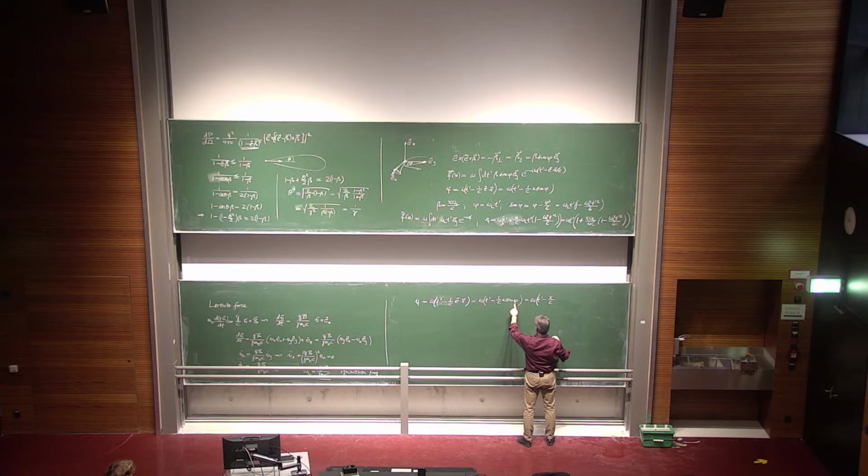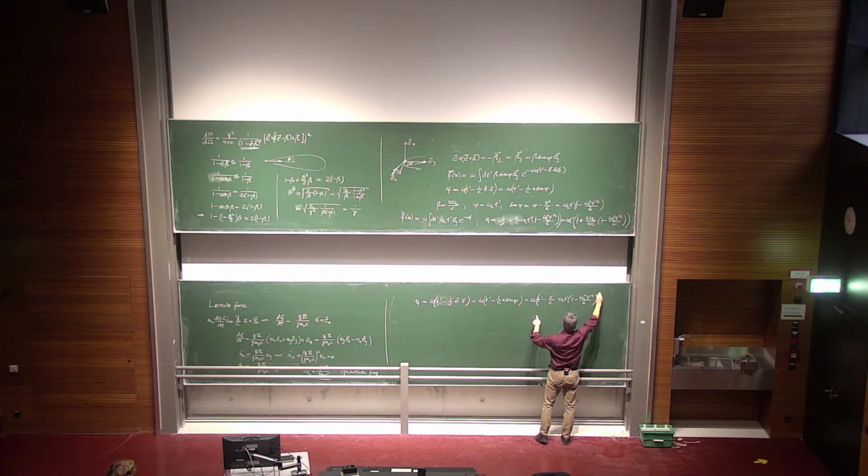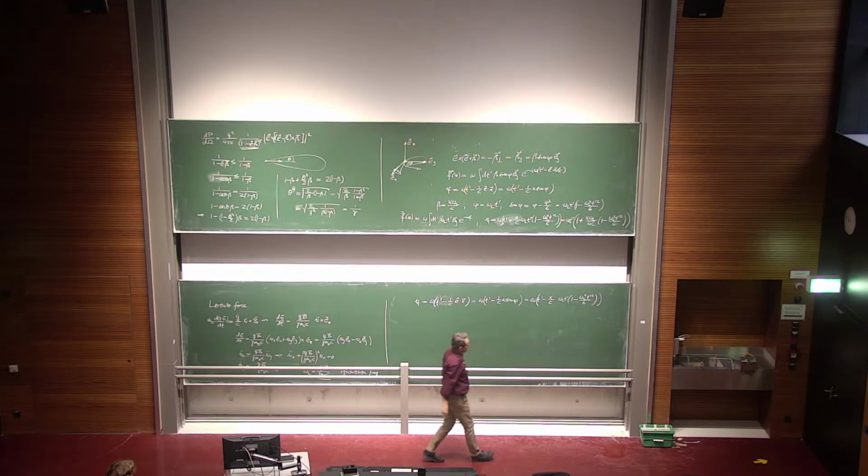Now, sine phi, we said, is omega L t prime times 1 minus omega L squared T prime squared divided by 6. So in other words, I'm now inserting here, instead of the sine phi, the third order Taylor expansion for the sine.